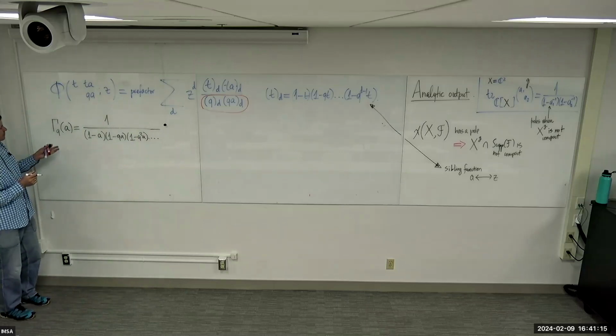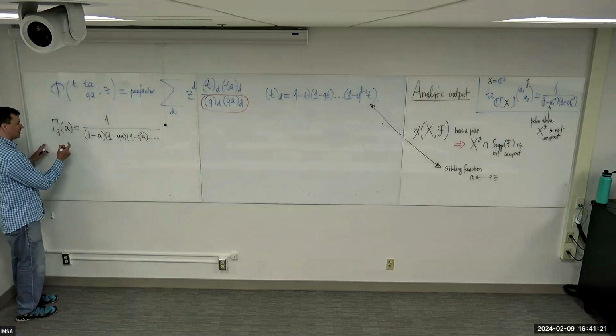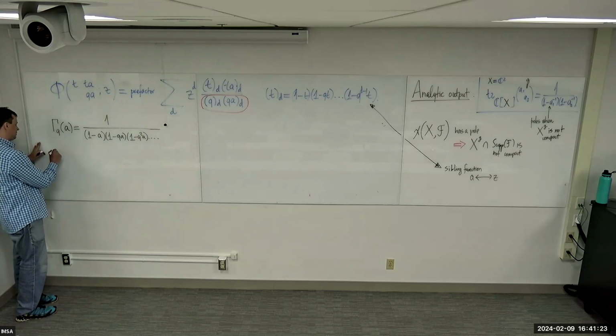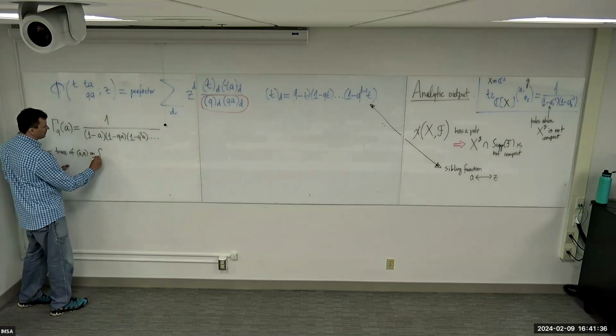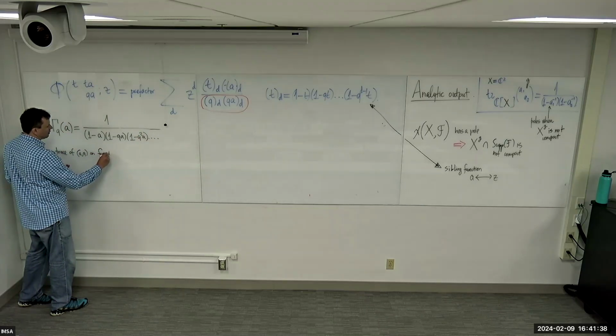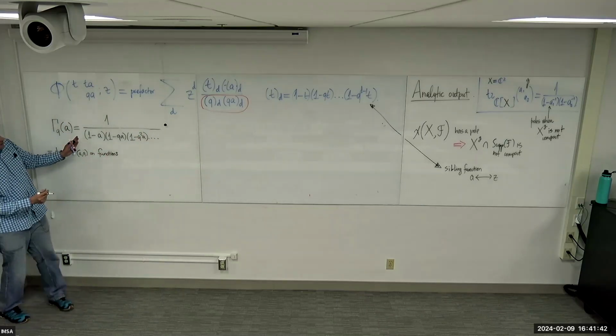Where can we realize this object in the story I'm talking about? Well, this is clearly the trace of the element on functions.